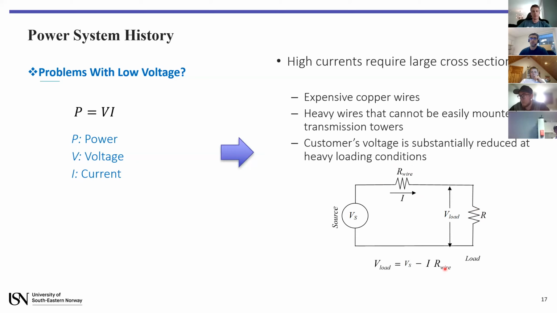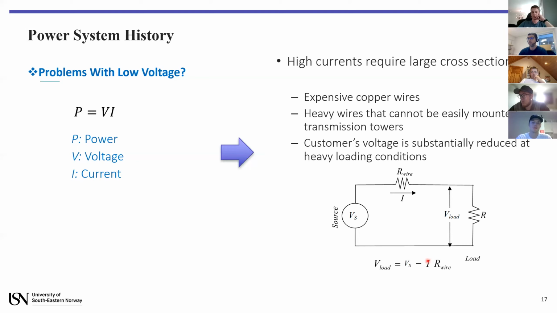According to this principle, if you increase the current, you decrease the voltage across the terminal of the consumer. So it's not good. As you know, we have many pieces of equipment that need a specific voltage. So we cannot reduce the voltage on the terminal of the consumer. So increasing the current is not a good option.